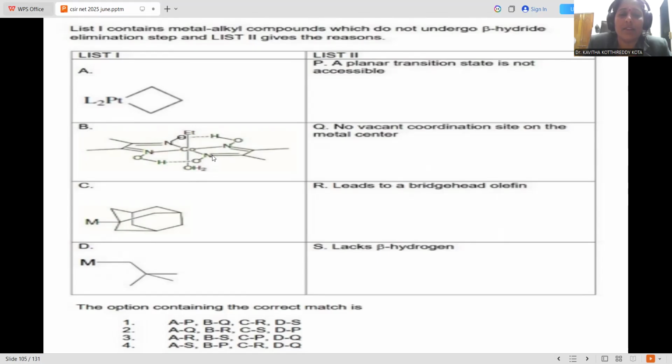This is the way a kind of octahedral compound originated around the cobalt, dimethyl ethylene diamine, and here we have NOH like this. So this is the way a kind of octahedral compound we had.